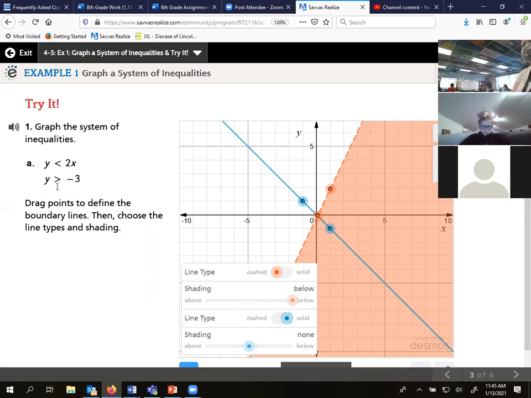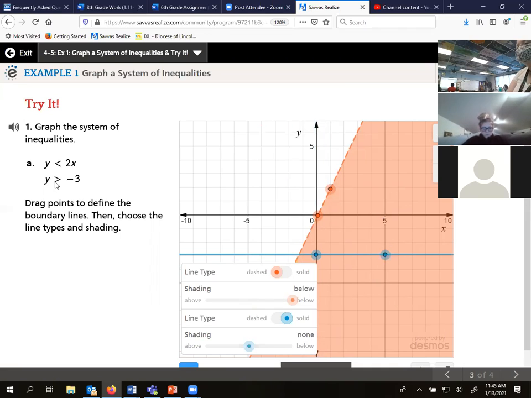Our second inequality is y is greater than -3. So I'll start by putting where -3 is on the y-axis. And then does this line show me all my -3s, or does this line show me all the -3s? This one, okay? Yeah, close enough.